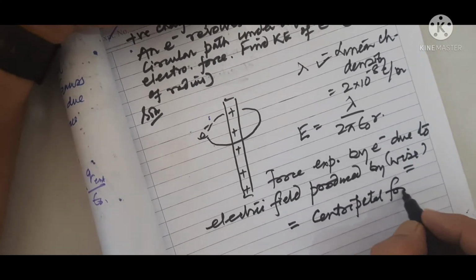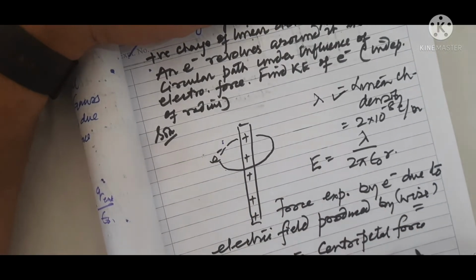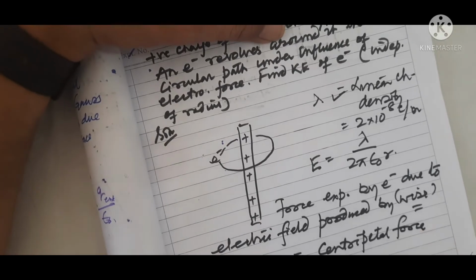How does the centripetal force come? When any charge is revolving, without centripetal force it is not going to revolve. Some force must be there to provide the necessary centripetal force.